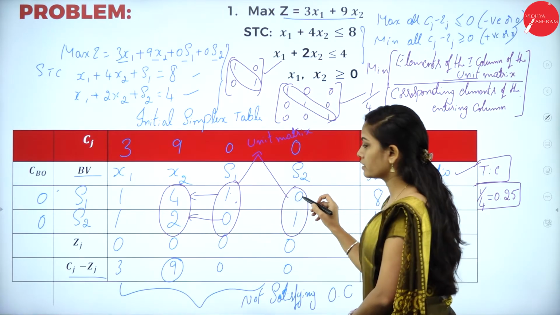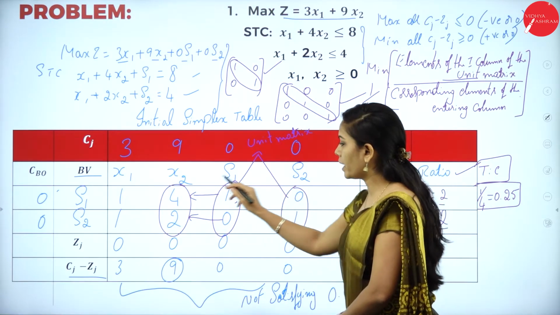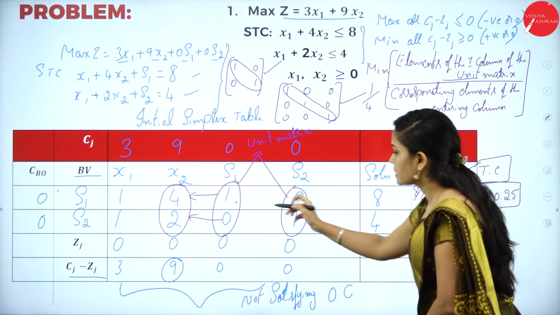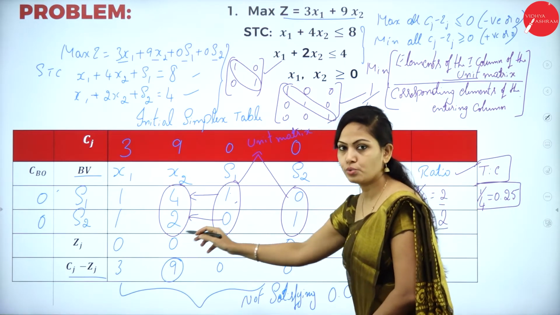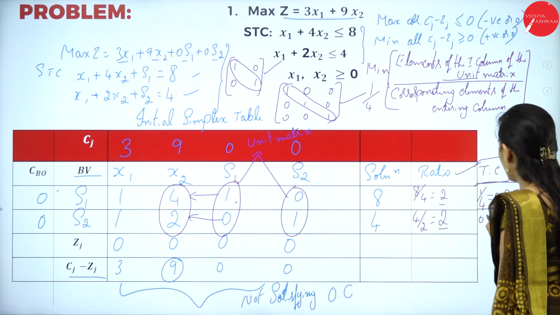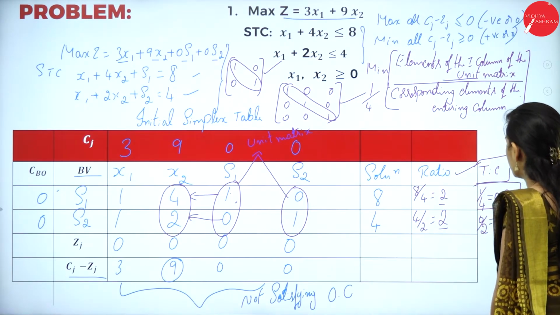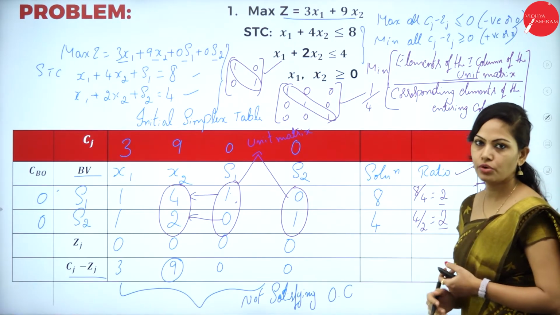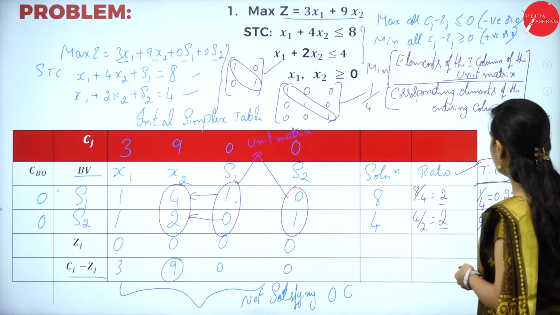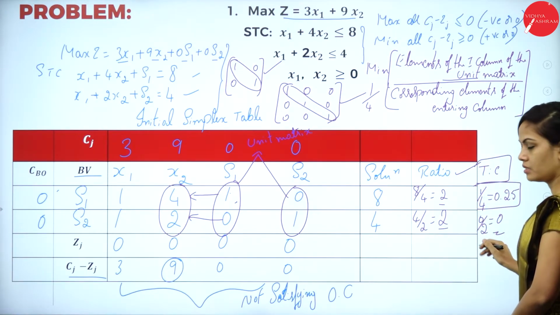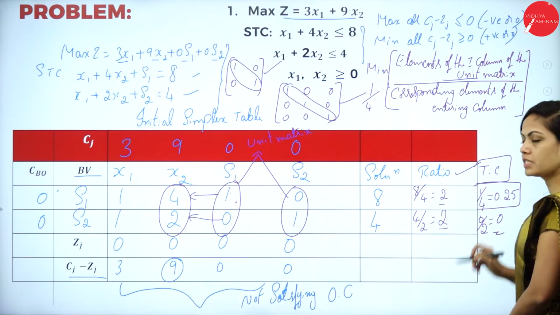And again I will select the second column, 0 by 4 and the second value is 0 by 2. So 0 by 2 is 0 only. So here I got two values, that is 0.25 and 0.